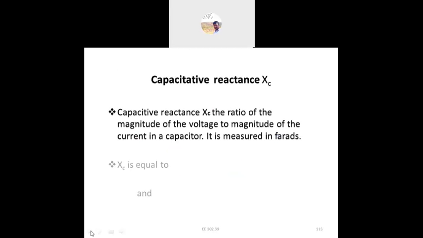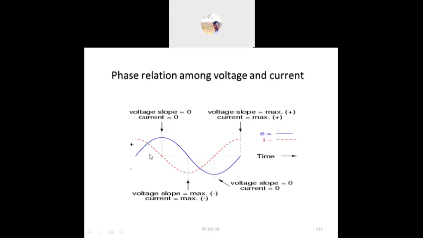Similarly, in the resistor they are in phase. The inductor has the current lagging behind the voltage. Here the current is leading the voltage: first the current is flowing, you can see, and after that the voltage changes.